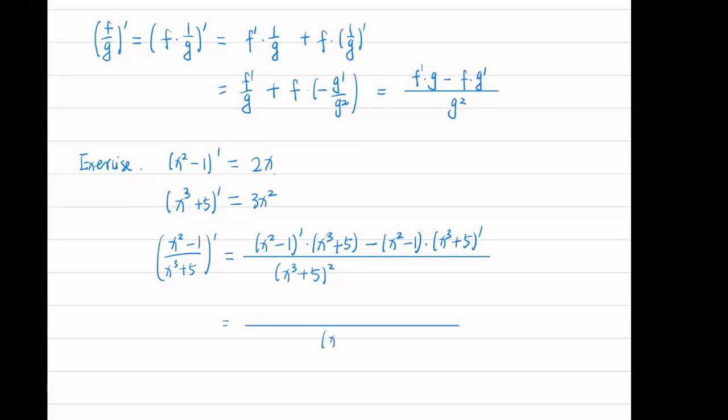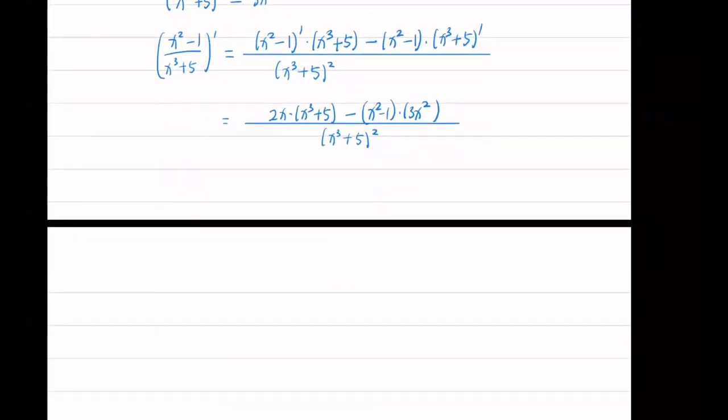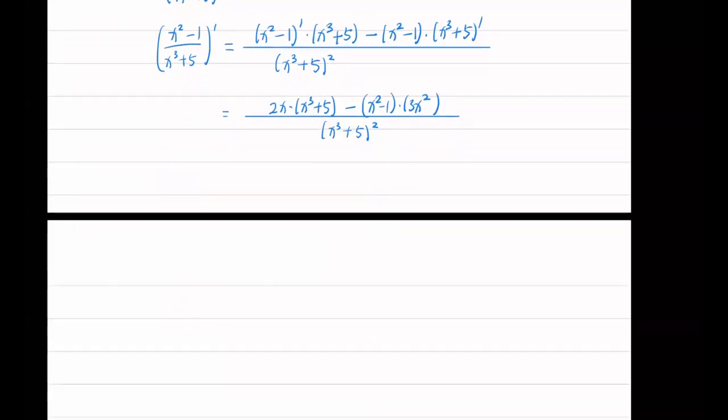So x cubed plus 5. What do you say the first one is? 2x, then I copy. The second one. Very nice. Okay, that's good. Now we can simplify this a little bit and see what we get.